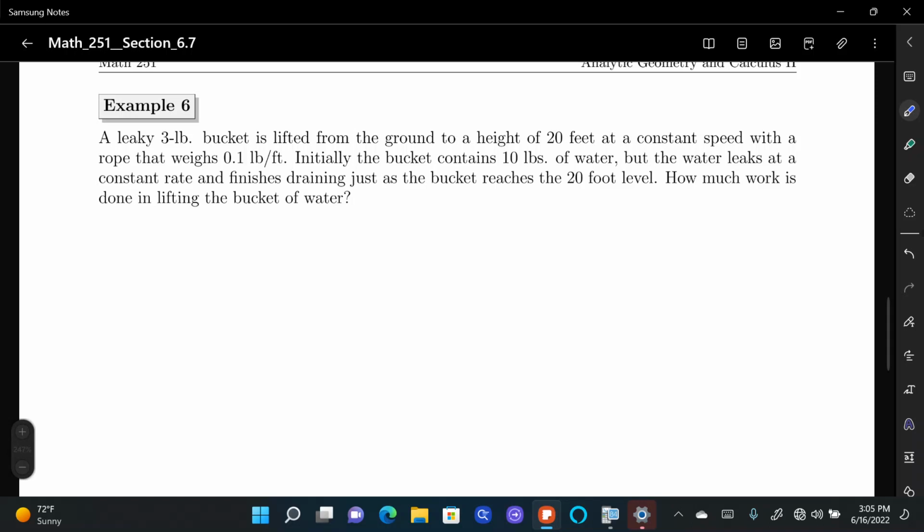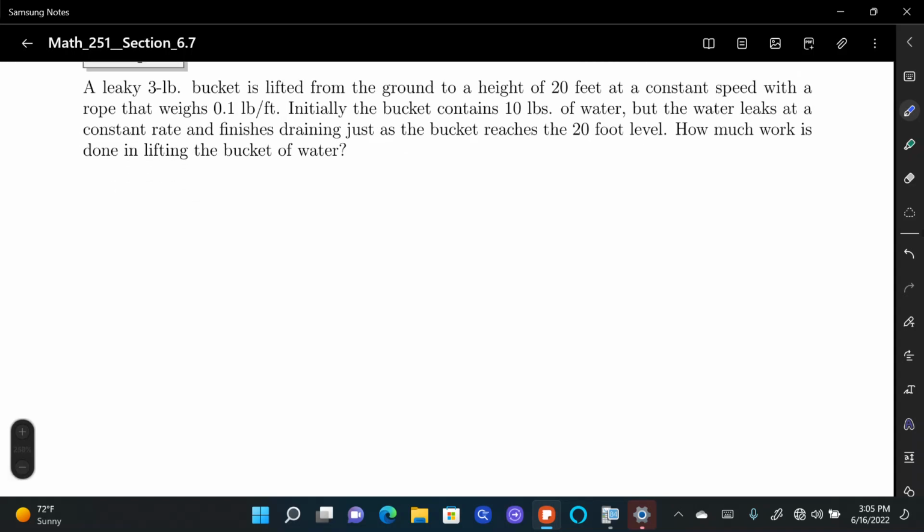This is a weight, in the form of a ratio to the length that remains when the pulley is working. Initially the bucket contains 10 pounds of water, but the water leaks at a constant rate and finishes draining just as the bucket reaches the 20-foot level.